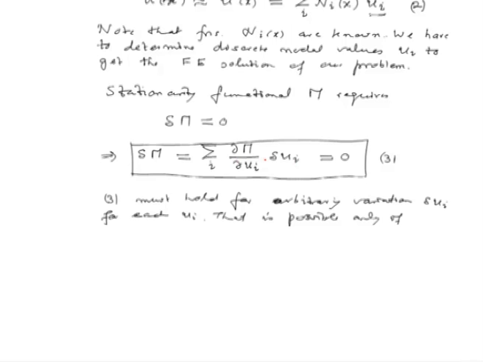Delta u I's could be arbitrary for each I, and if we assume that for some I's this del pi by del u I is positive, for some it is negative, that assumption does not hold good.